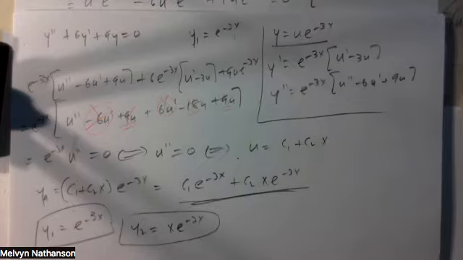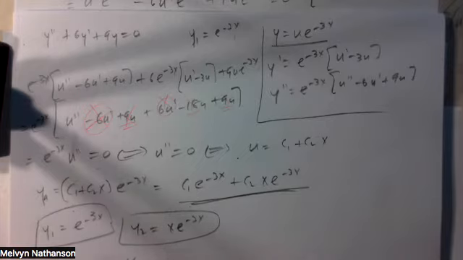Suppose again we wanted to solve the initial value problem with y of 0 equal 3 and y prime of 0 equal minus 1.